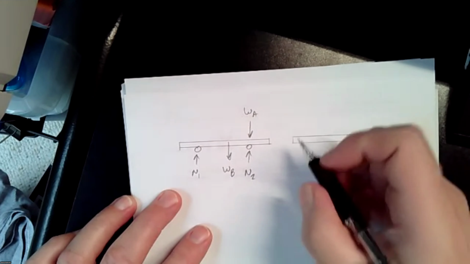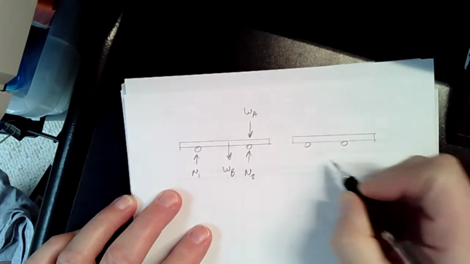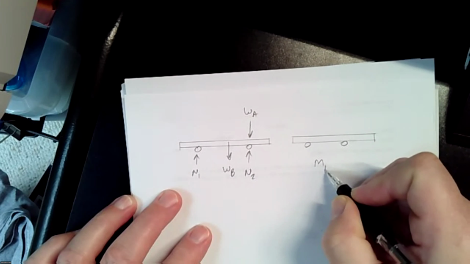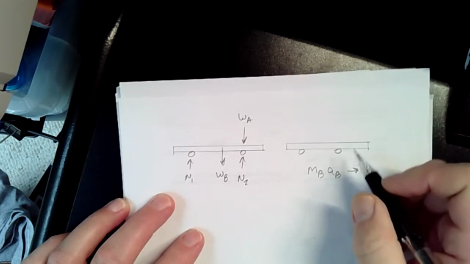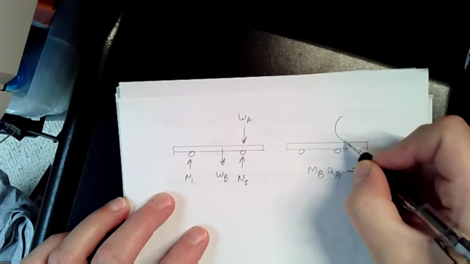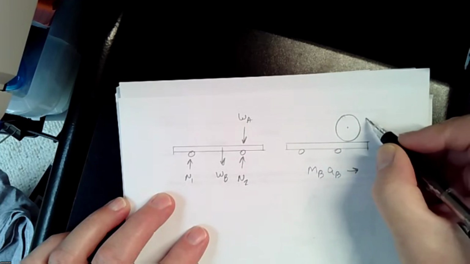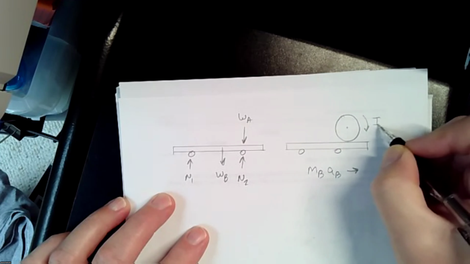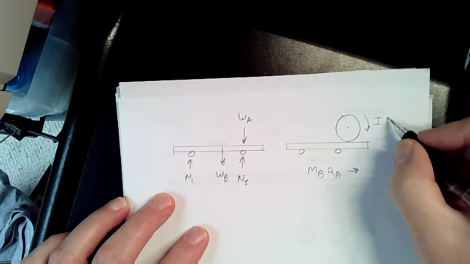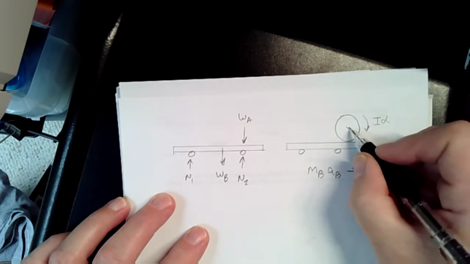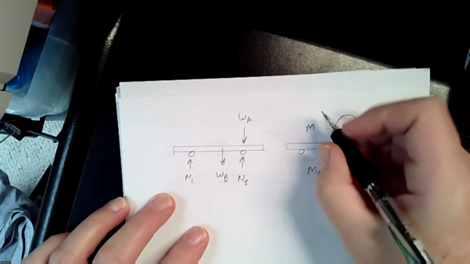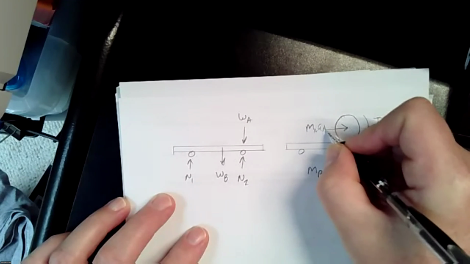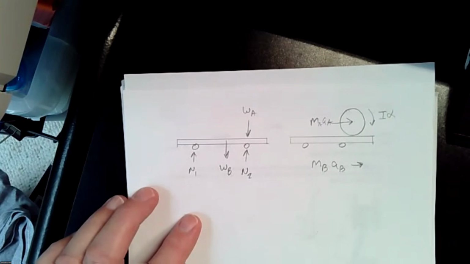And then on this side, we'll have m_B, acceleration B, going that way. And we'll have our cylinder with I alpha and m_A, acceleration A.